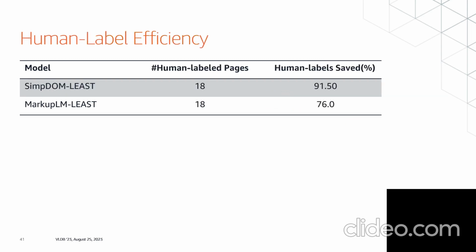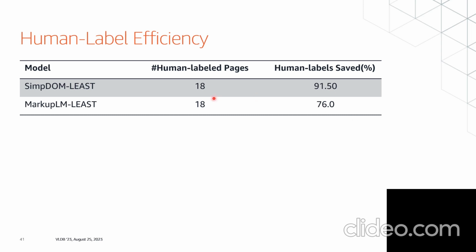In terms of human label efficiency, our LEAST-trained Simptom and Markup LM use only 18 human-labeled pages and assign pseudo labels to the rest of the pages, filter them and train the model on them. To get a similar type of performance in the zero-shot scenario using naive transfer learning, we would require much more human-labeled pages to construct our training set.